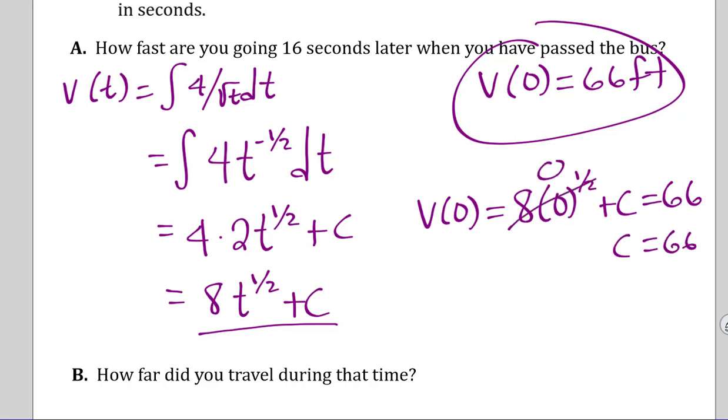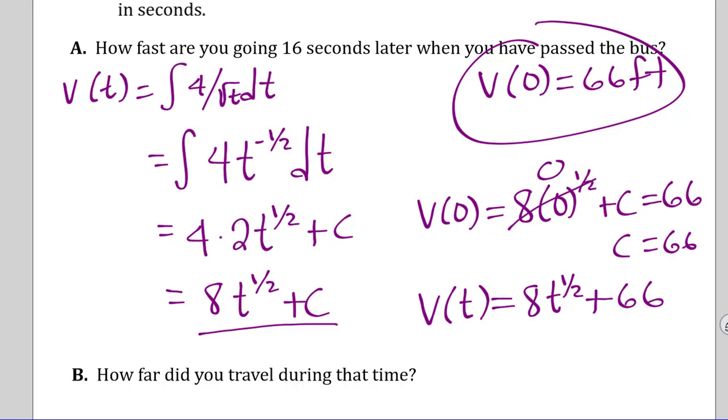So my function is going to be 8t to the 1/2 plus 66. Now, if I want to know how fast I'm going when I've passed this thing 16 seconds later, then we're going to plug in 16.